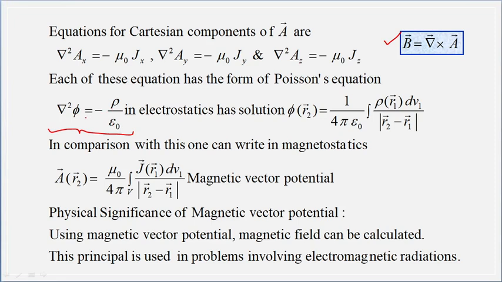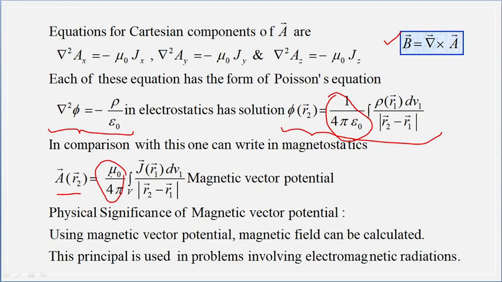Then phi equal to 1 upon 4 pi epsilon 0 integral rho dV divided by modulus of R2 minus R1. In comparison, in magnetism, this was a scalar potential, and we write a vector potential. So 1 upon 4 pi epsilon 0 we replace by mu naught by 4 pi, and we write the volume integral.